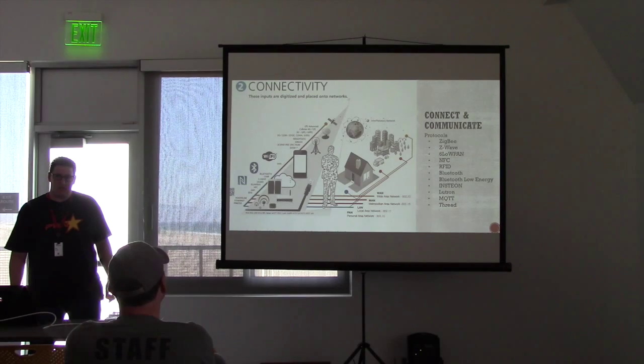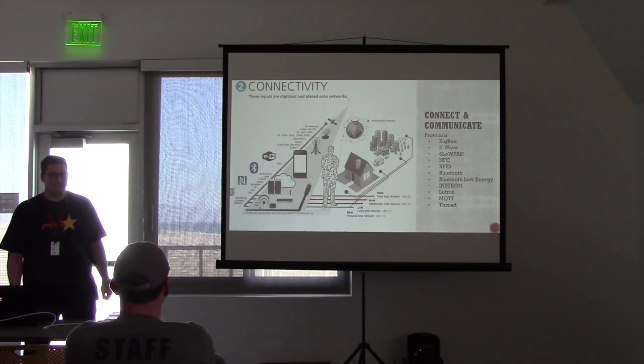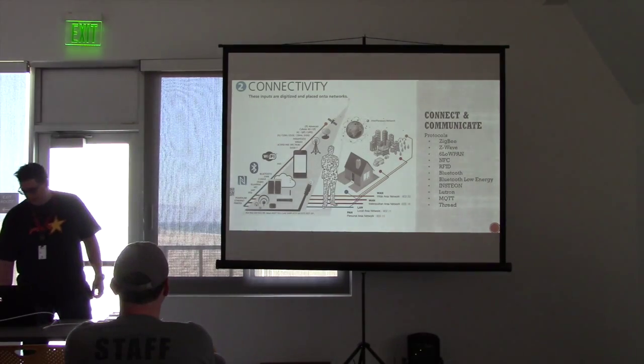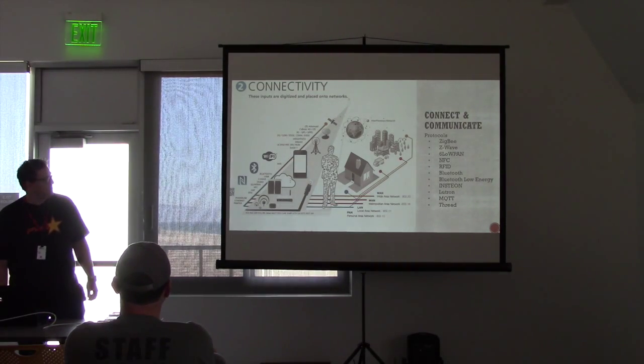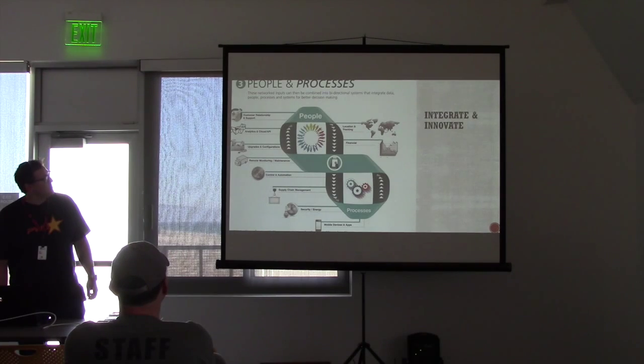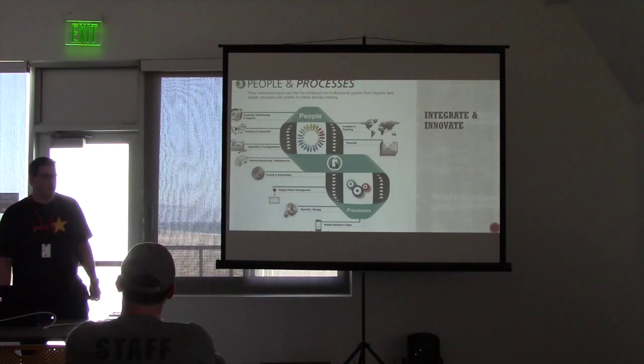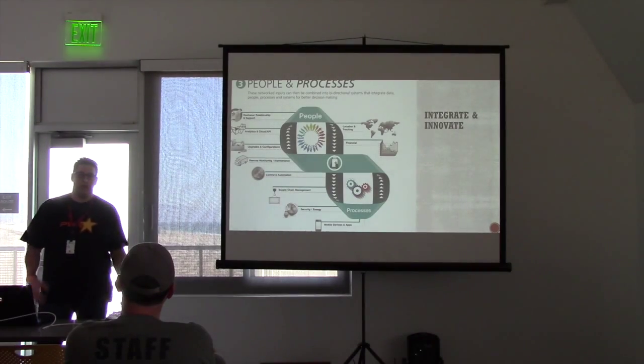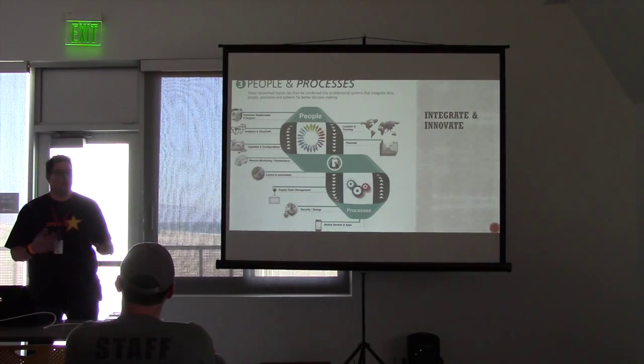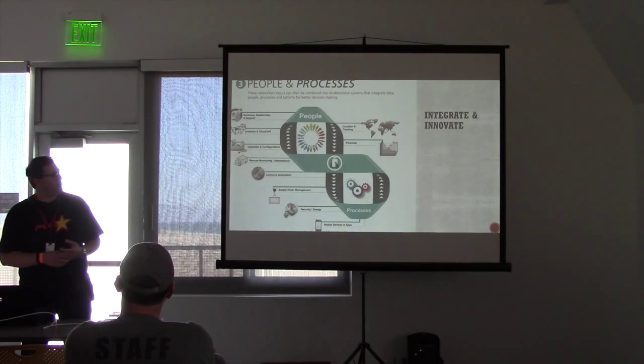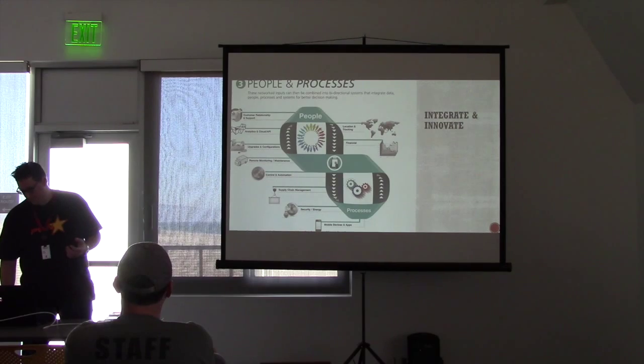Competing protocols that aren't necessarily well supported and aren't necessarily well secured, and no one's necessarily using the same thing. And lastly, you have the people in the process, right? Because without those, it doesn't put it all together. So you have all these data sets, all these sensors being connected through wireless, through Ethernet, through any type of interface, and it's connecting data that was never connected before.